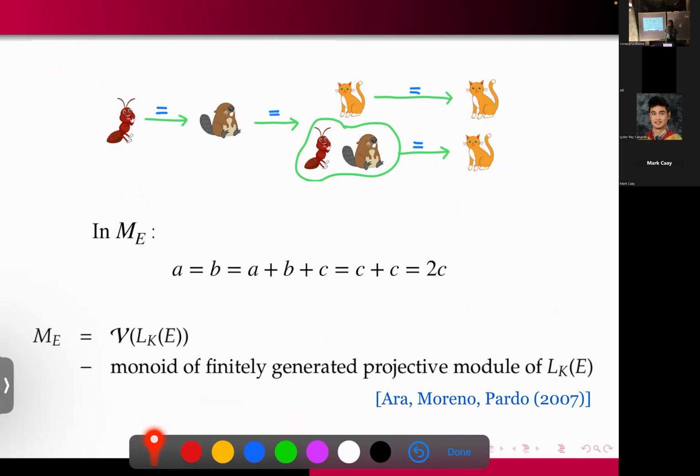If we look at Leavitt path algebras, if you collect all of the finitely generated projective modules and you take the binary operation being direct sum, then you will get a monoid, and that monoid would be actually equal to your graph monoid. It's just some motivation on the relationship of graph monoids and Leavitt path algebras.